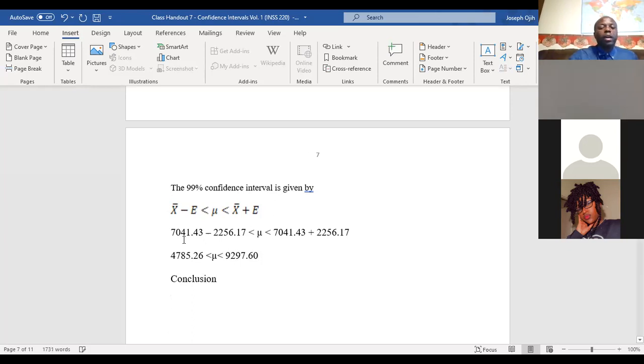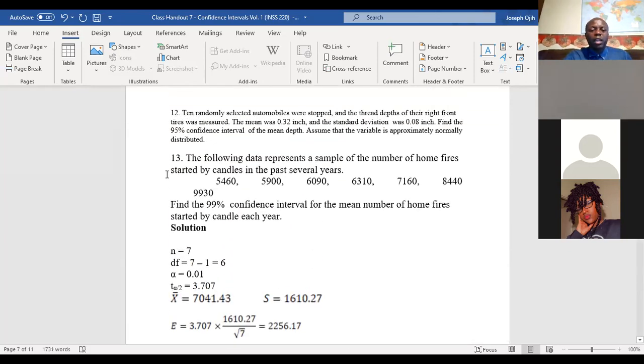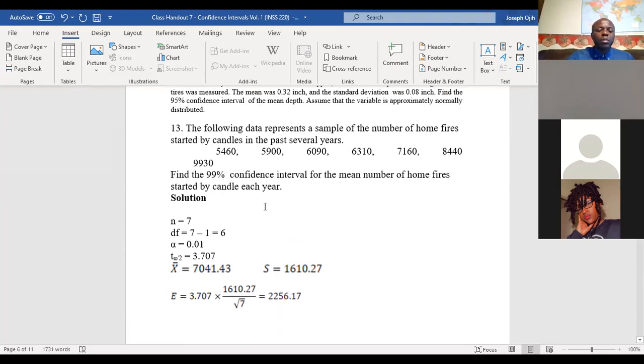Now this is about, as I said, the following data represent the sample of the number of home fires started by candles in the past several years. So find the 99% confidence interval for the mean number of home fires started by candles.